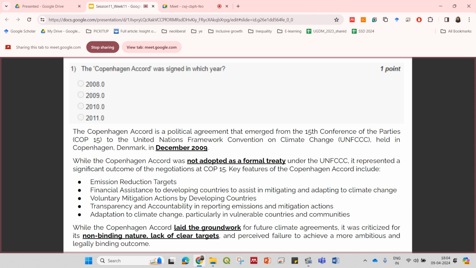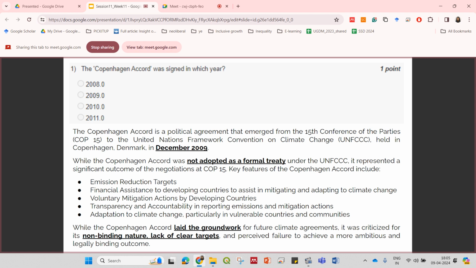So, mechanisms for financial assistance from developed countries to developing countries were proposed under this accord. Next was what voluntary mitigation actions the developed countries should take and should report. Again, that was a part of this accord.